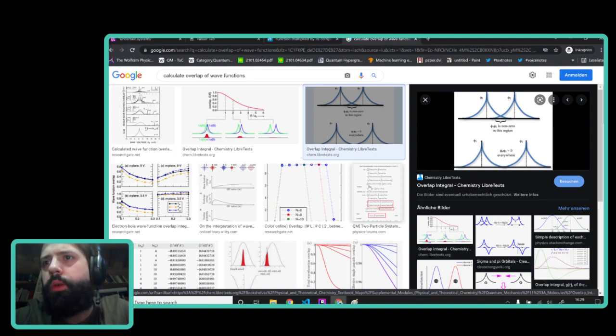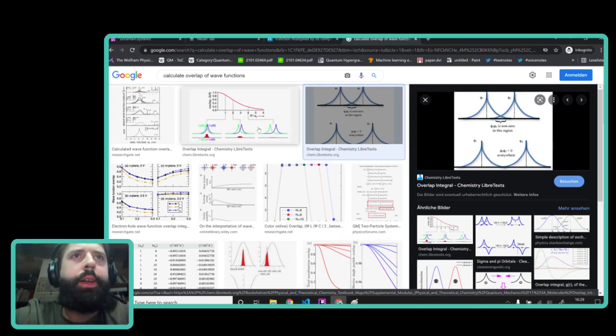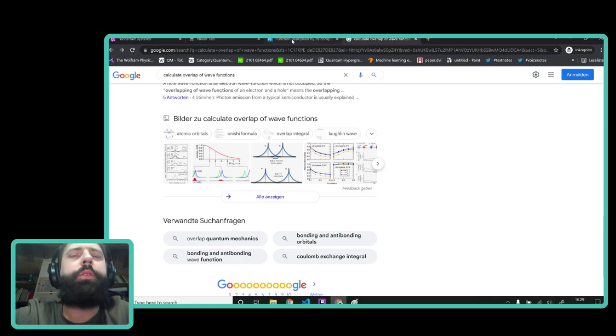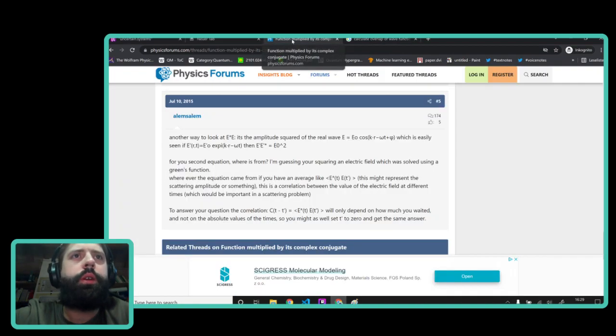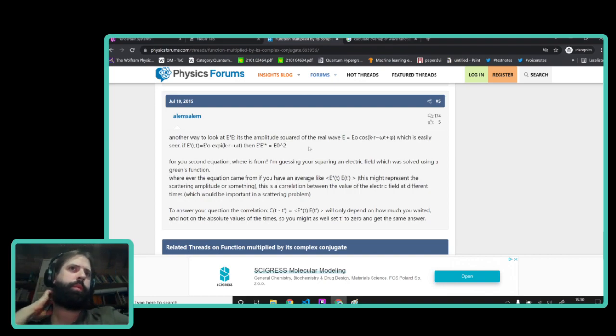How do we know that would be, yeah, okay, so here's like times, right? It's difficult to find. Another way to look at it is the amplitude squared of the real wave.